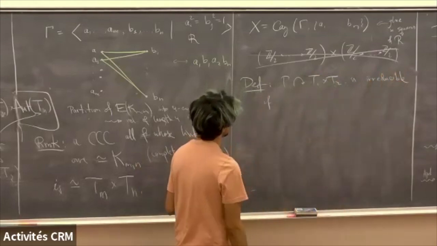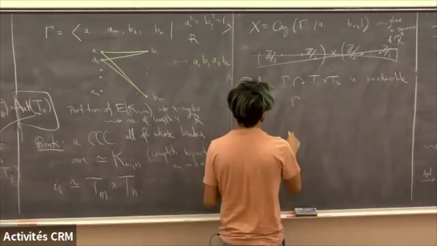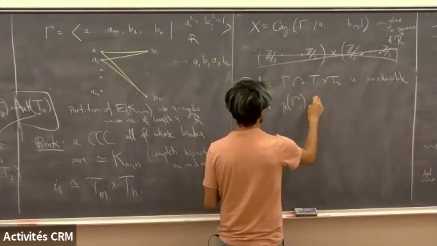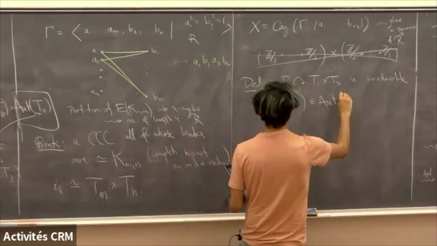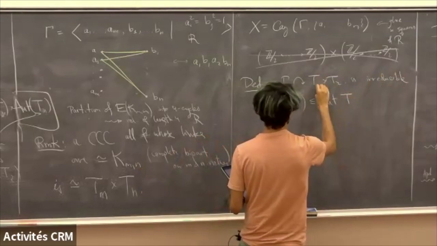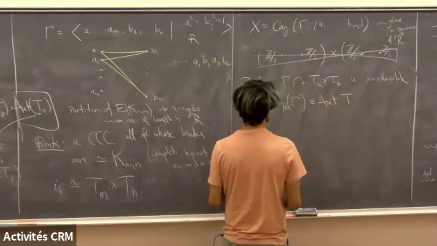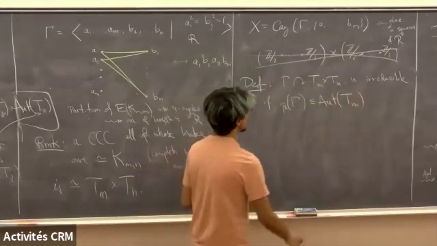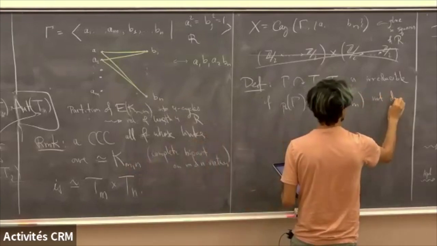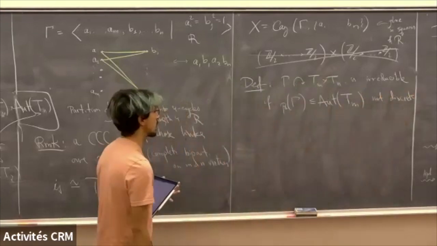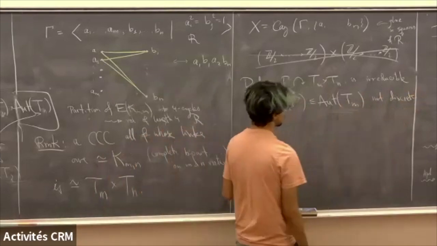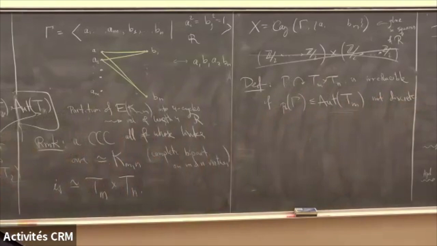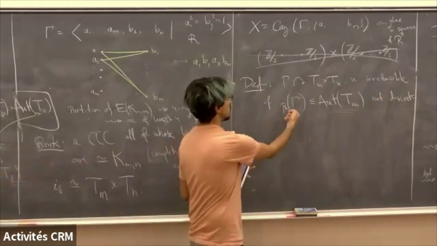if, when I project Gamma to each one of the factors, M and N, the image is not discrete. So maybe here at this point I should say this group comes with a topology, the topology of pointwise convergence, and I want those images to be non-discrete.